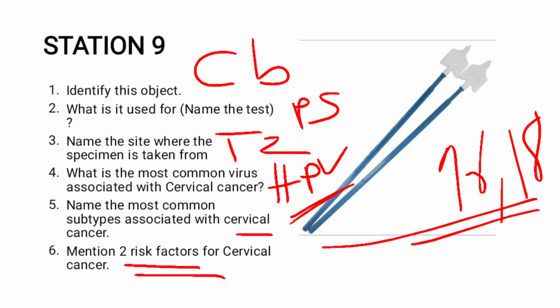E6 binds and degrades protein 53, an important tumor suppressor protein, which regulates cell division by keeping cells from growing and dividing or proliferating too fast or in an uncontrollable way. That's the normal function of P53. But the protein E6 binds and degrades this P53.